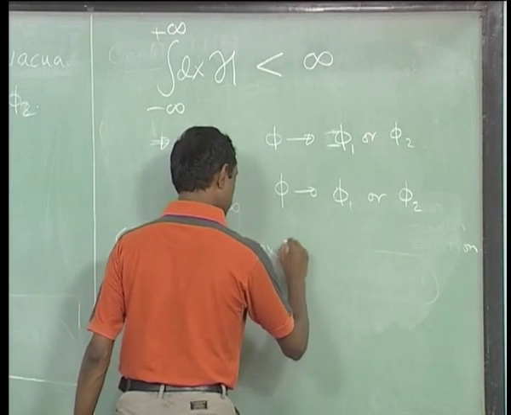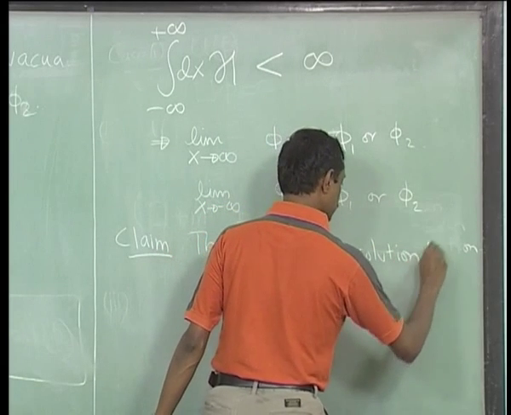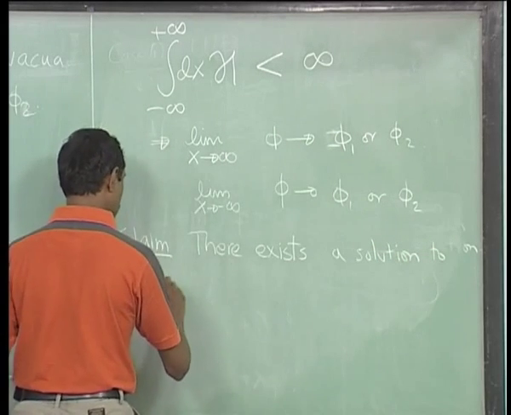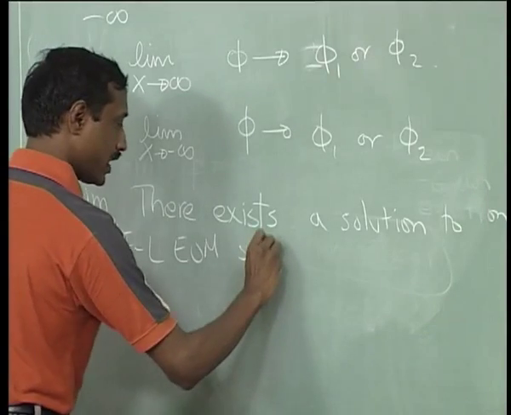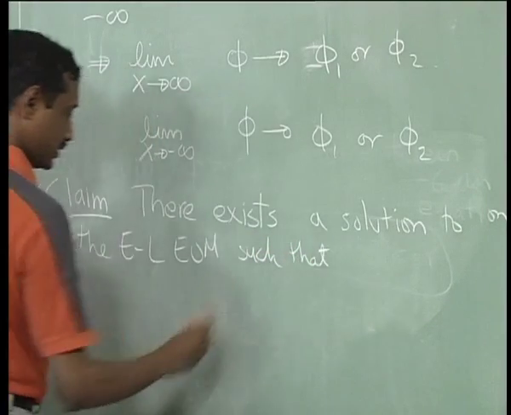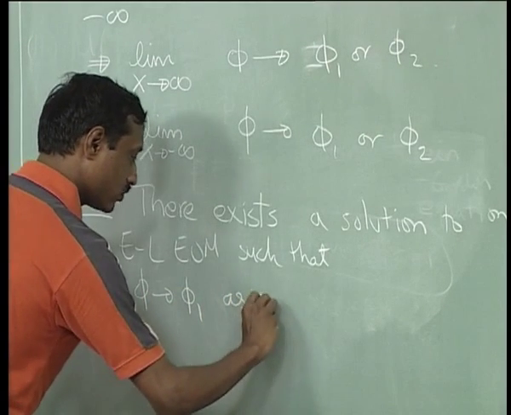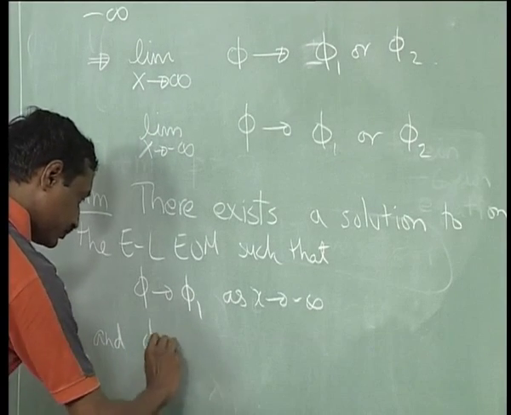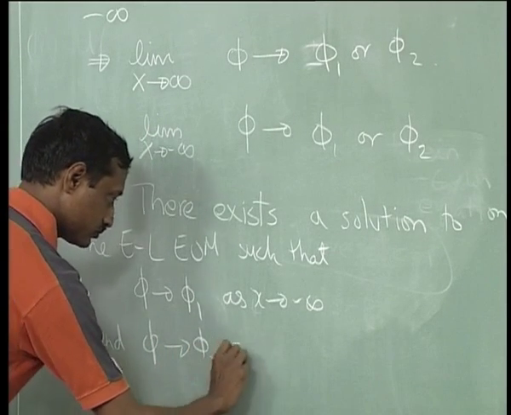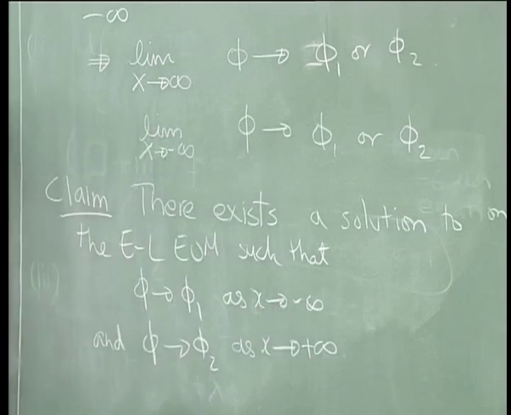there exists a solution to the equation of motion such that phi tends to phi 1 as x goes to minus infinity, and so on.